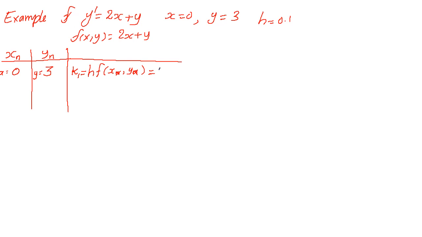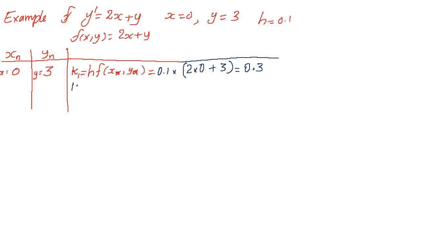Here h is 0.1 into our function, that is 2x plus y. So 2 into 0 plus the y value 3. That gives you 0.1 into 3, which is 0.3. So this is our k1.